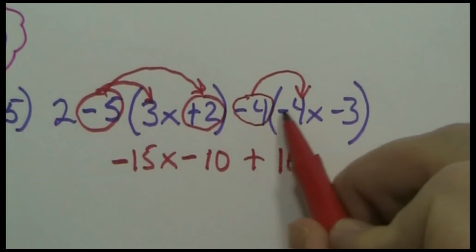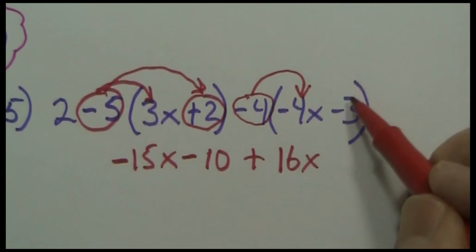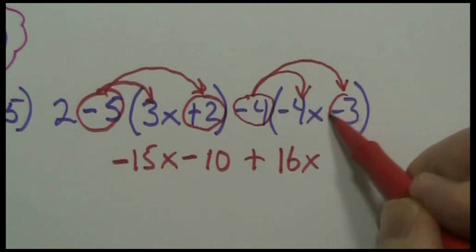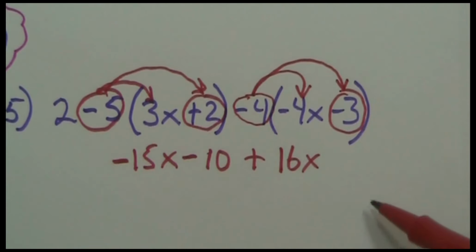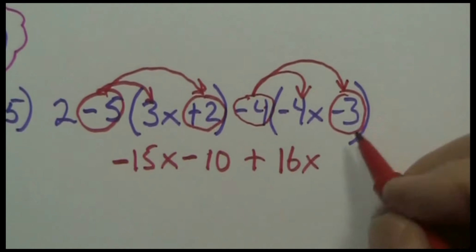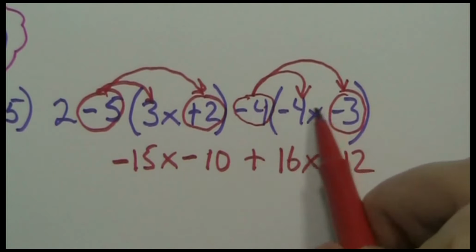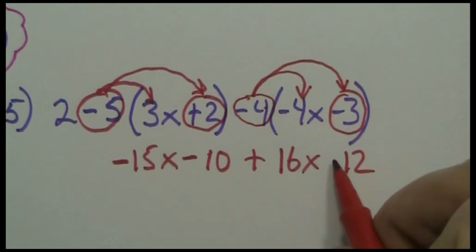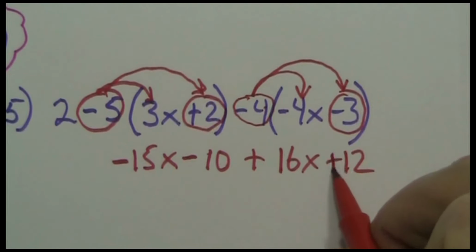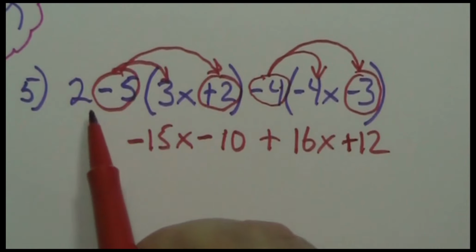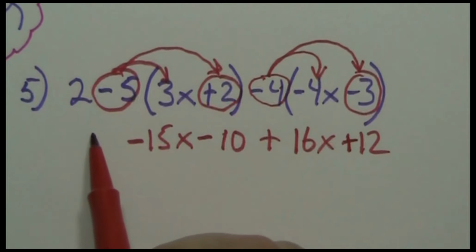Two negatives cancel when multiplying. Okay, then I'm going to go ahead negative 4 times negative 3. 4 times 3 is 12, and two negatives cancel when multiplying. So it is a plus 12. Okay, wait, oh, I forgot to bring down the 2.